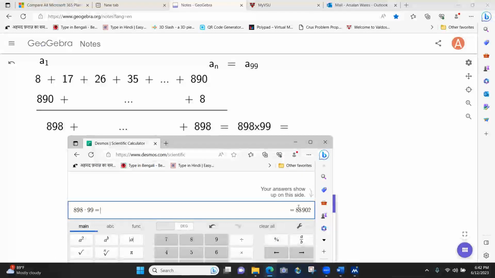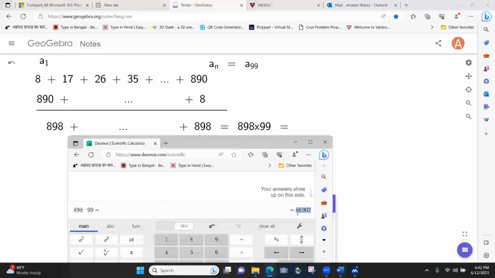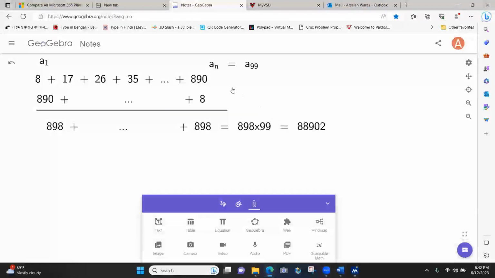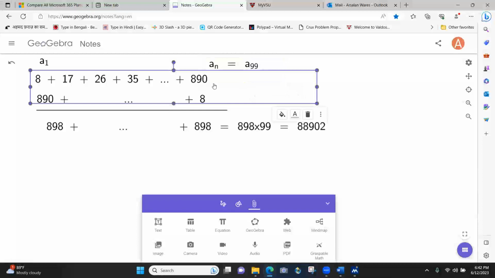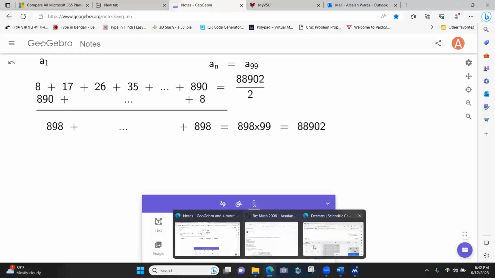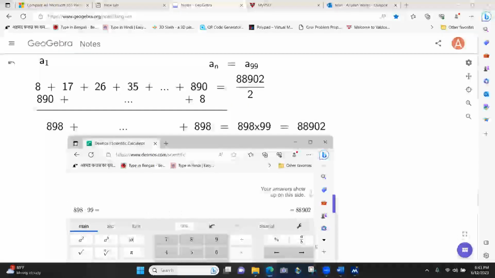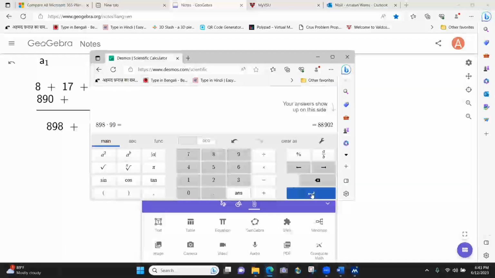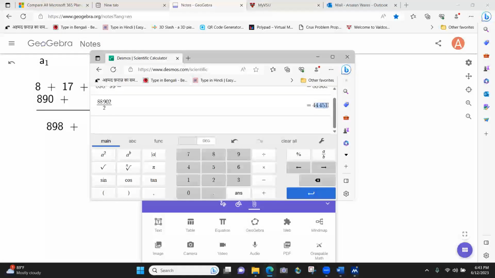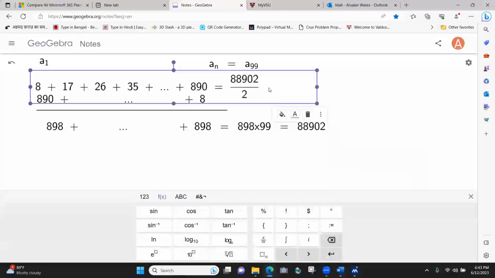Now I'm getting this number, 88,902. Now this first line can't be that. It has to be that number divided by 2. And I'm going to use my calculator as usual. I'm getting this number, 44,451. That's the answer.